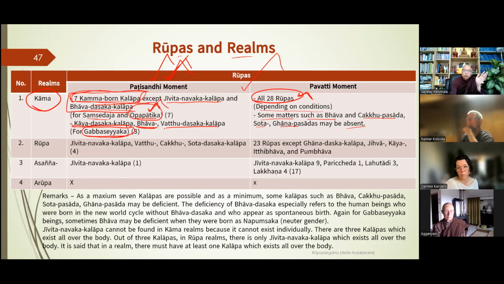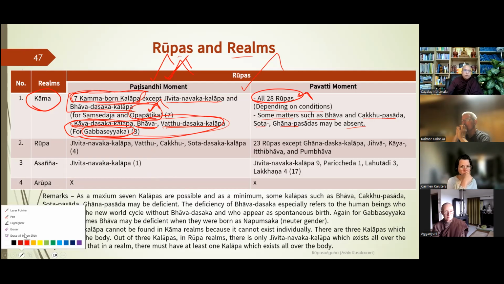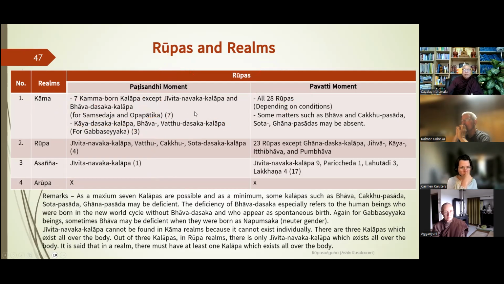And Vatthu Dasaka is the Hadaya Vatthu. So these three are the basic ones, and later the flow of the rupas, how the fetus continues gradually, we will learn later. This is just a foundation for human beings and some animals at the Patisandhi moment.